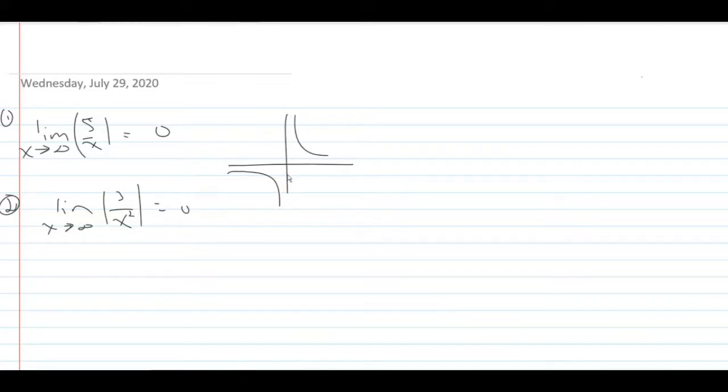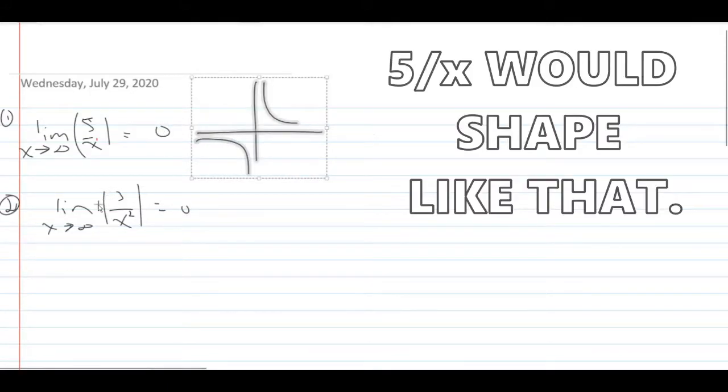But for 1 over x or 2 over x or 1 over x cubed, any odd power, remember, there's a 1 here, and 1 is an odd number. So for any odd power in the denominator, your function would look something like this. That is what our 1 over x would look like.